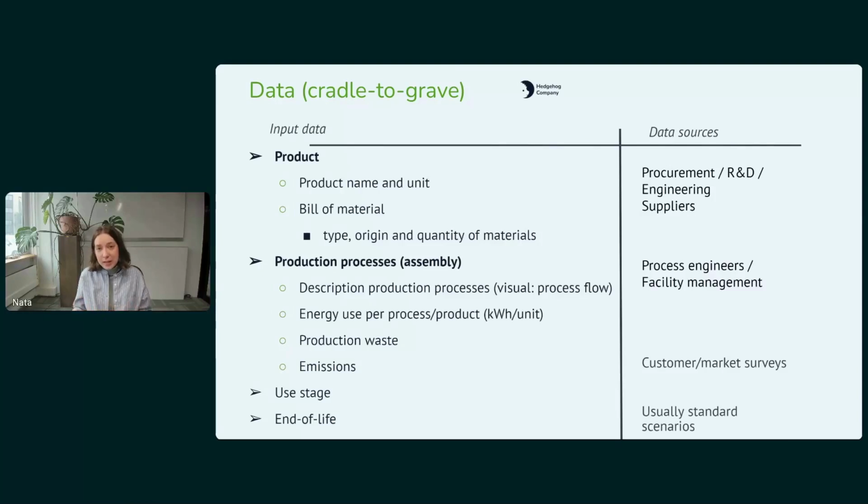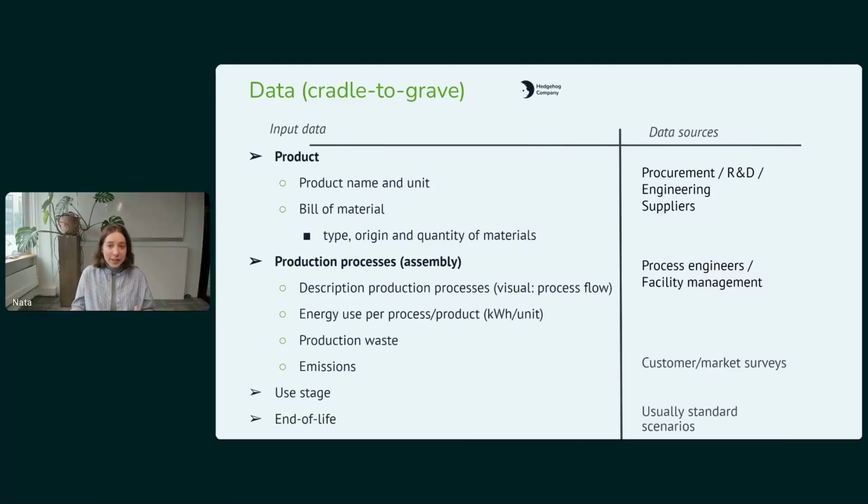When it comes to the end-of-life stage of the product, so the treatment of the discarded product when it becomes waste, this is something that you as a manufacturer or a retailer have very little effect on, unless you have some sort of take-back program where customers can send you the discarded product once they're done using it and you maybe recycle it. Unless you have that, you really cannot influence what happens to it.